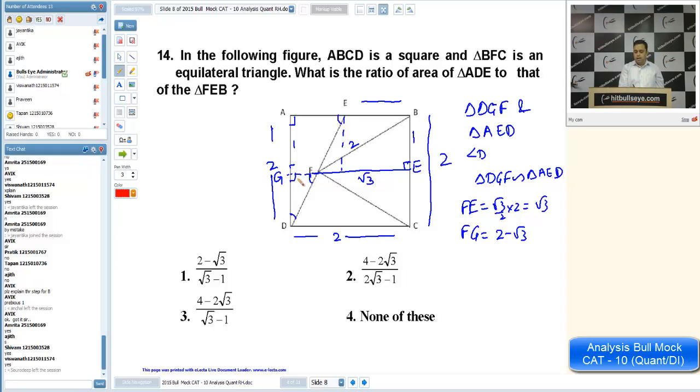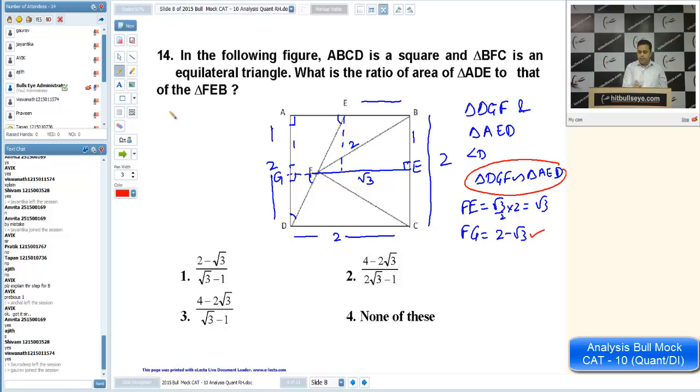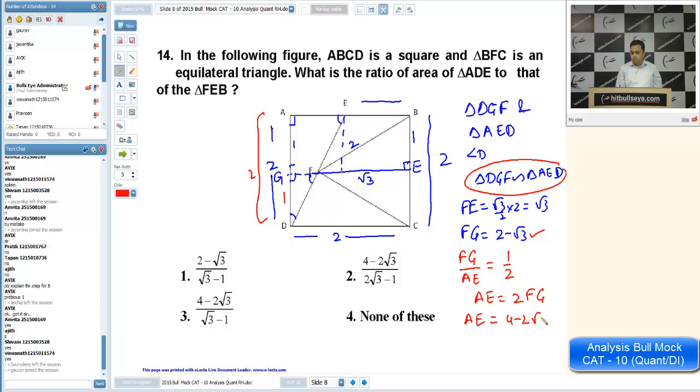Now since these two triangles are similar, the ratio GF to AE will be equal to the ratio of the sides, which is 1 to 2. So AE is equal to twice FG, or AE is equal to 4 minus 2 root 3.